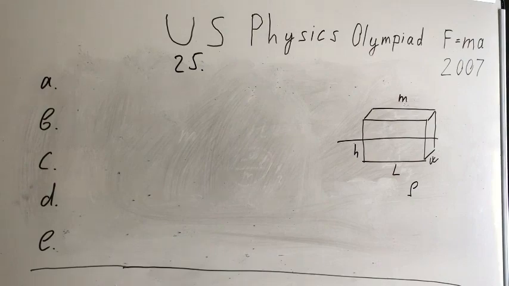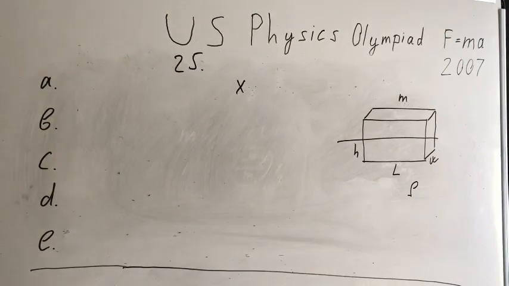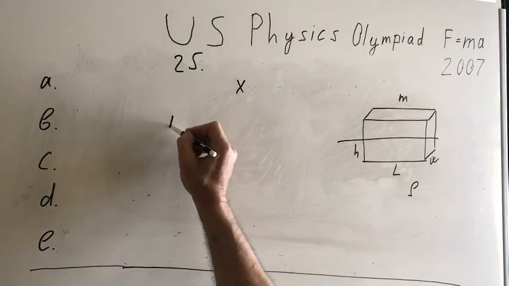To solve this problem we just need to write equations. What is the force when we move this box a little bit down a distance x? We can write the equation right away.